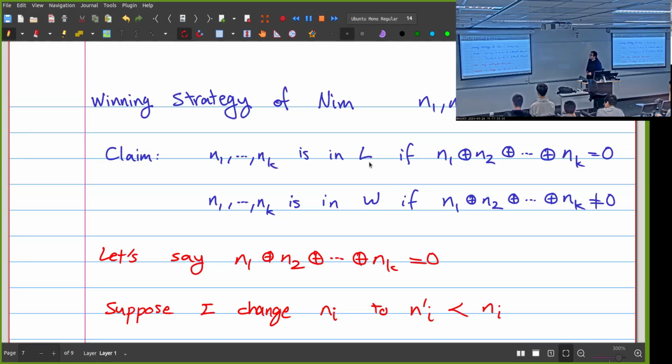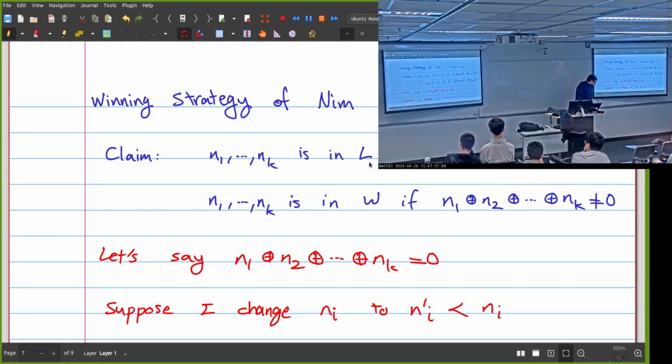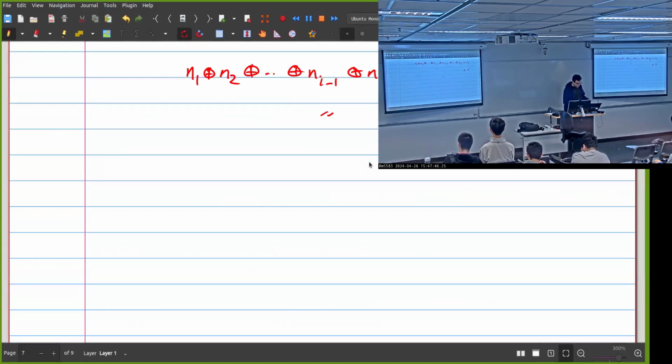Now I have to show the last part. I have to show that if I'm in a winning state, there is a way for me to force my opponent into a losing state. So let's say that I have a bunch of numbers and their XOR is not 0. So this is now the last thing I have to prove.